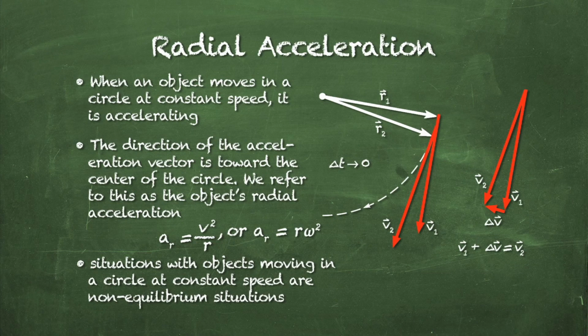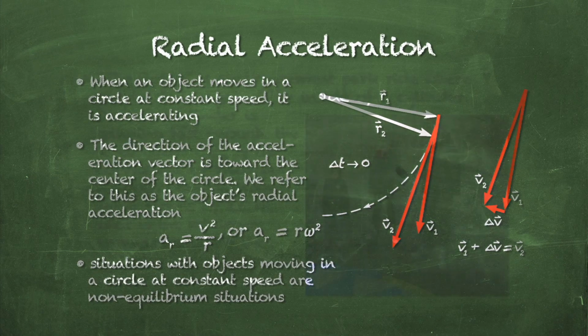So what that means is that situations with an object moving in a circle at constant speed are non-equilibrium situations, meaning that we'll have to bring in Newton's second law for objects moving in a circle at constant speed.